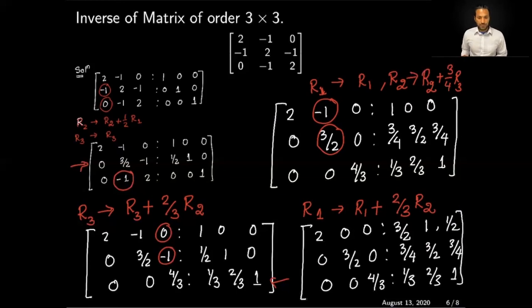So this will be the augmented matrix after applying these 3 row operations.